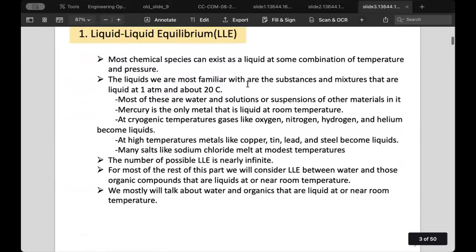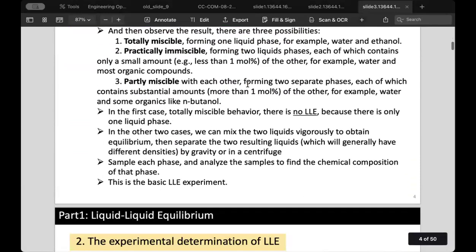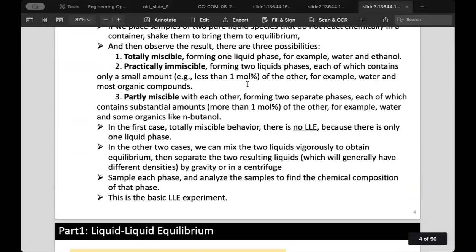For liquid-liquid equilibrium, we start from liquid-liquid equilibrium first. We can classify the system of liquid and liquid mixture into three possible cases.